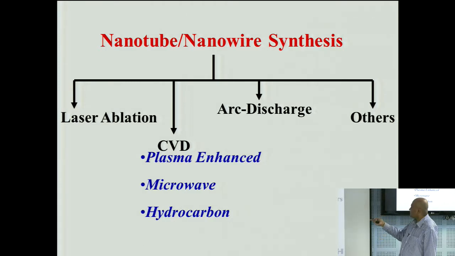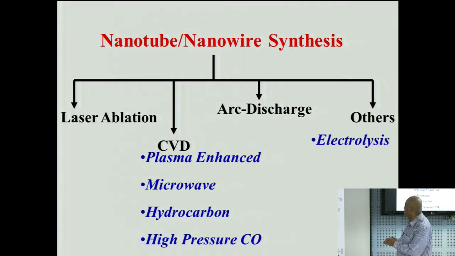Then there was arc discharge, the technique first used for making carbon nanotubes. So, what is laser ablation? How do you make nanomaterials? I think the next slide actually talks about that, isn't it?